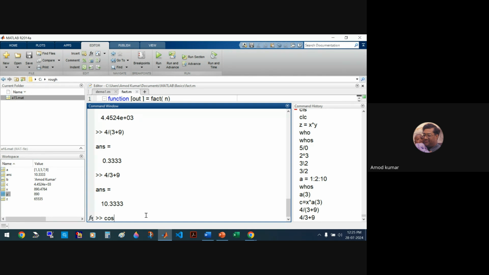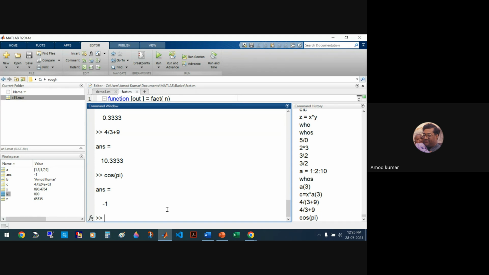So here you will write cos, and here you write pi. Cos pi will come to be minus 1. So here also this pi has to be given in brackets.